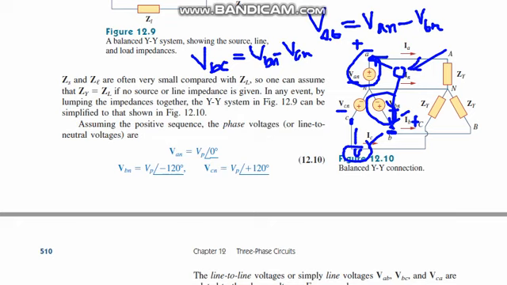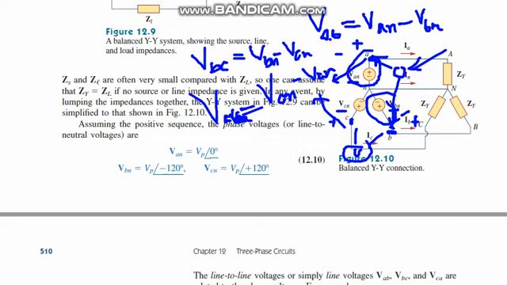Similarly VCA, not VCB, VCA, will be VCN minus VAN.